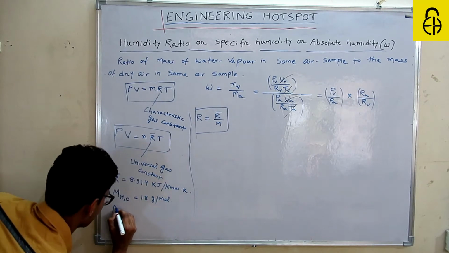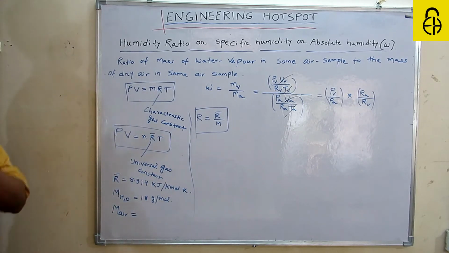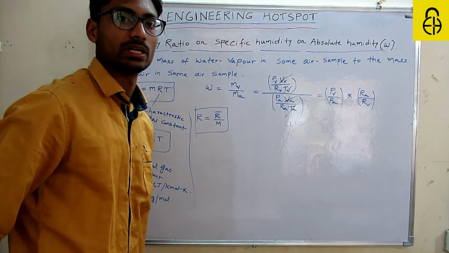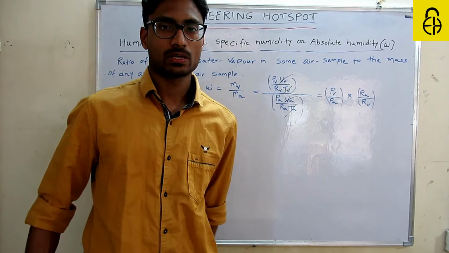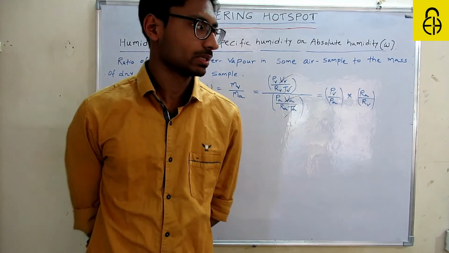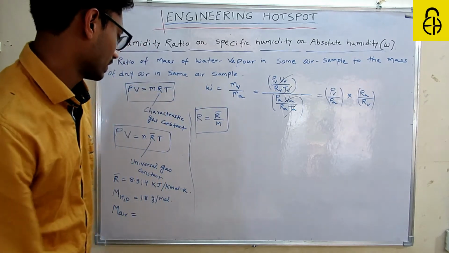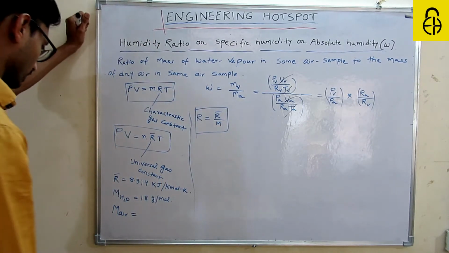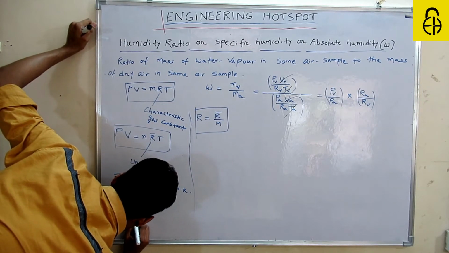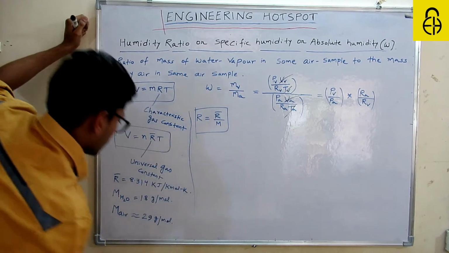And what is the molecular weight of air? If you take the composition as 0.3% of carbon dioxide, then basically 23% of oxygen by weight, and then 77% of nitrogen, you will get molecular weight as around 29. Approximately you can take it as 29 gram per mole. Not a problem.